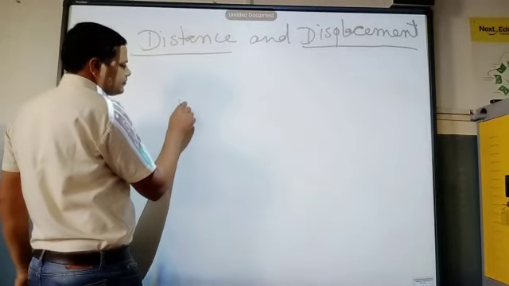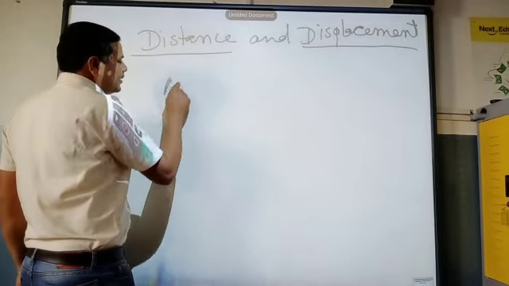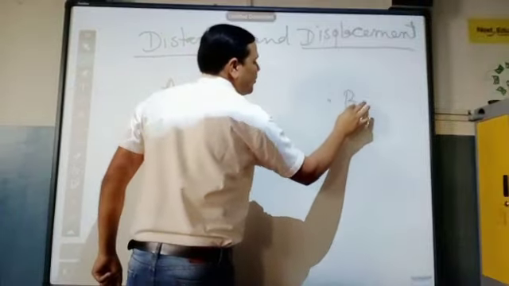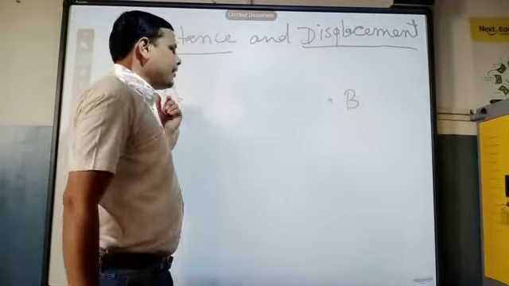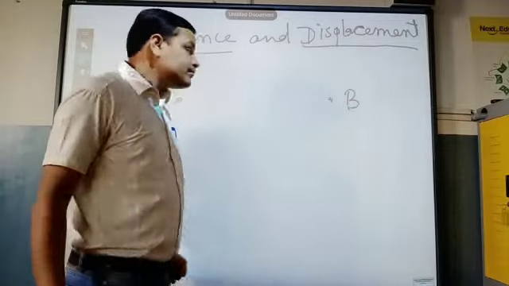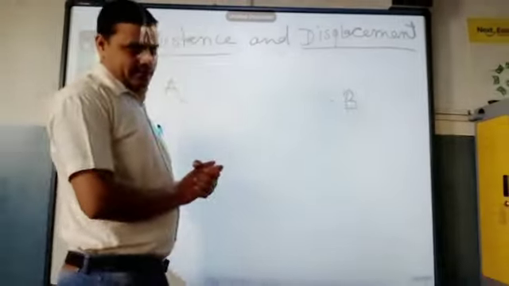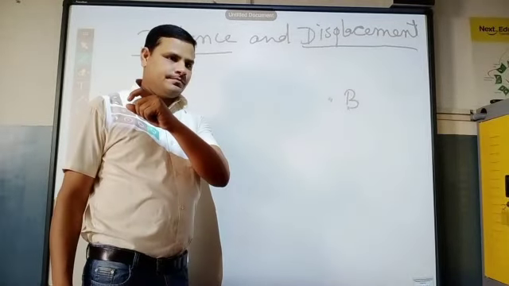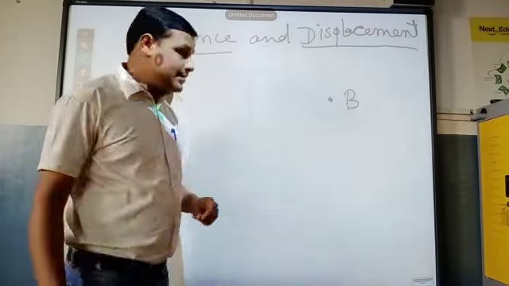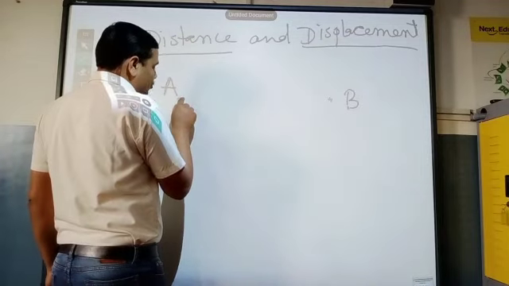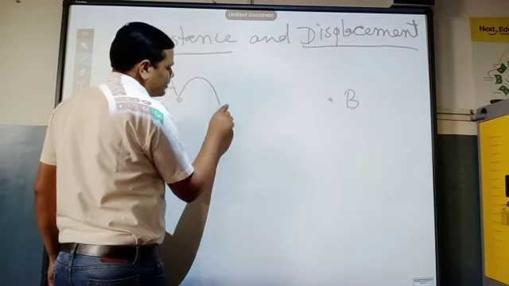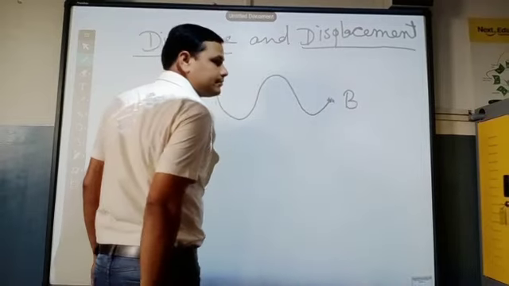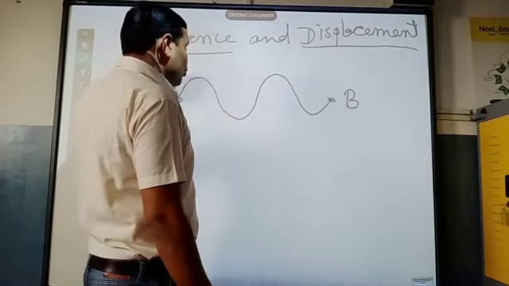Suppose that you have to go from A to B. Suppose that you have to move from A to B. Then two conditions are there. First, you will go by a bus. Suppose that you are going by a bus. Like that your bus is moving from A to B. Then you reach the B. This is the actual path, how you have traveled.